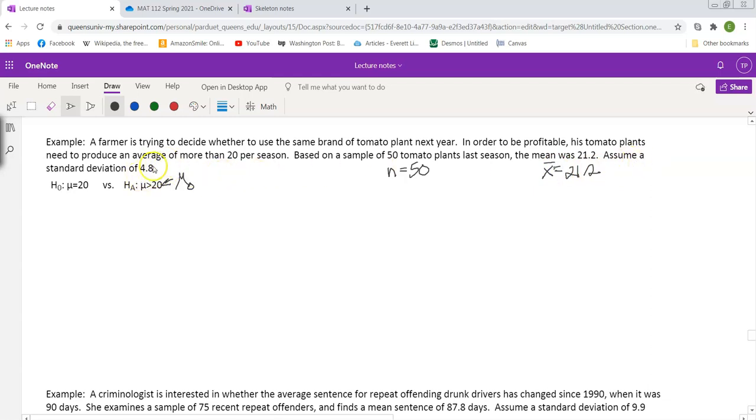And we're assuming a standard deviation, so sigma, and this is the standard deviation for the population, is 4.8. So we have to plug into that same formula, which I'm going to rewrite here.